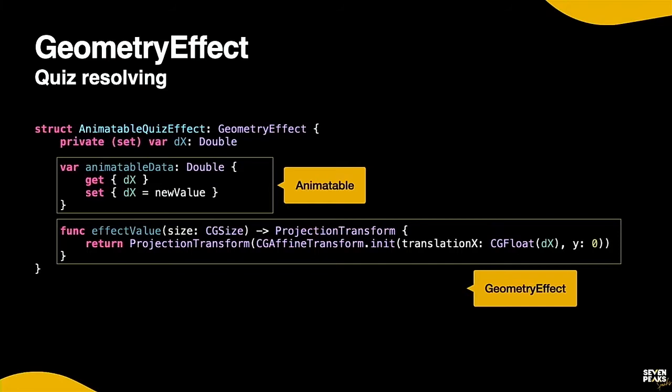So we will define one internal value, dx, with a Double or CGFloat value. Naturally, animatable data depends on this value. For the rest, we need to implement the effectValue function to return the projection transform. Here, simply, we can init the ProjectionTransform via a CGAffineTransform with the translation value.